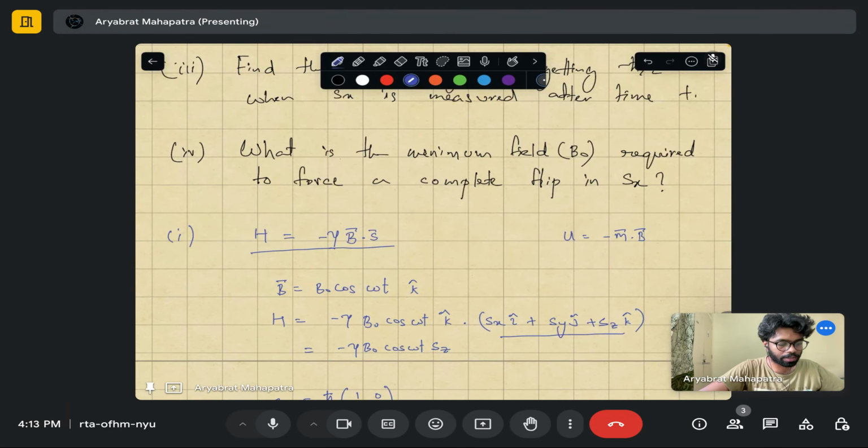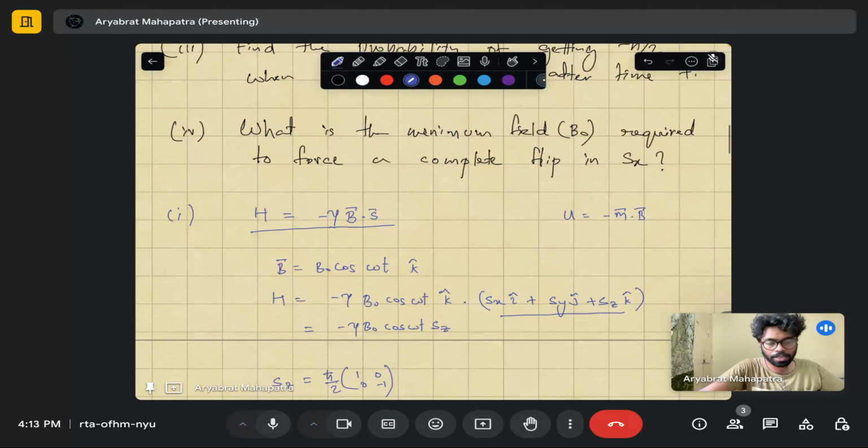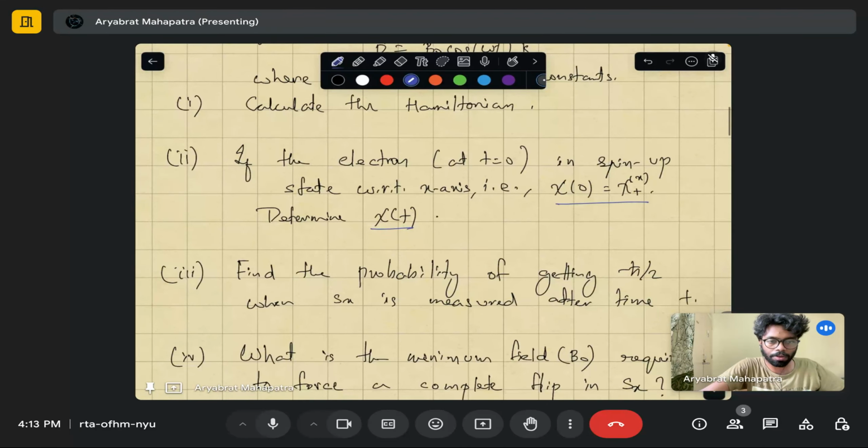Now, if the initial spin is in the x direction, the corresponding state would be the up state. For each spin direction there are two eigenstates. For Sz we have seen the up state and down state, and similarly for Sx and Sy you will have two states.